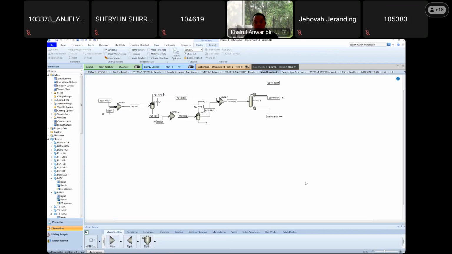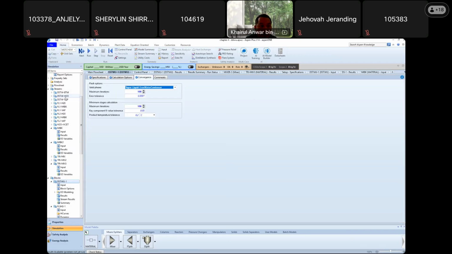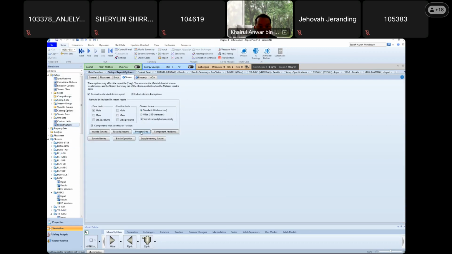Okay, this is the last file that I have for the STW. So this is the spec. Conversion saturation is 100. Check the report log. Property set, there's no alcohol now.